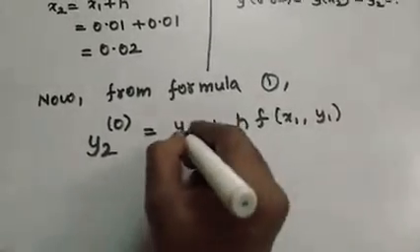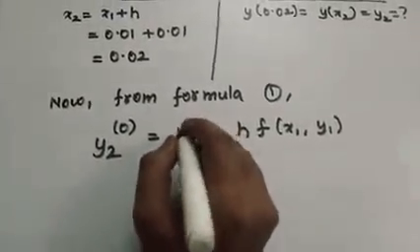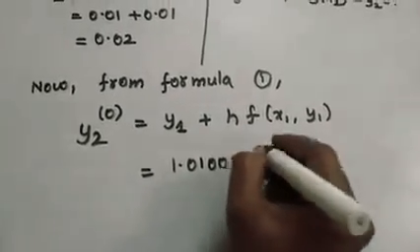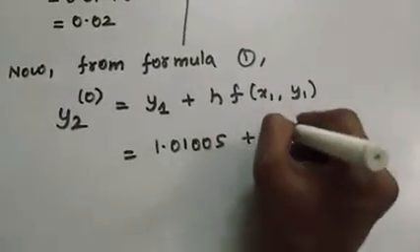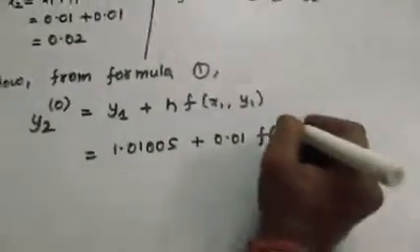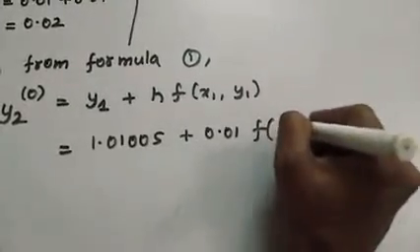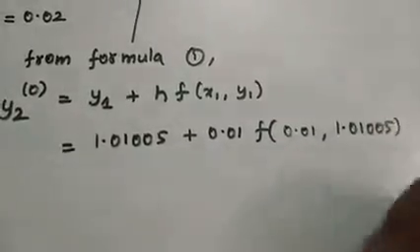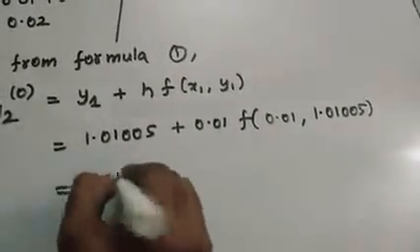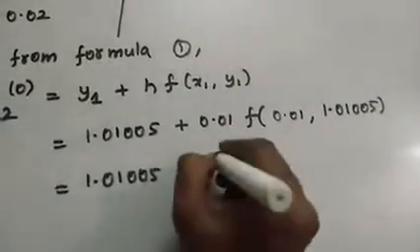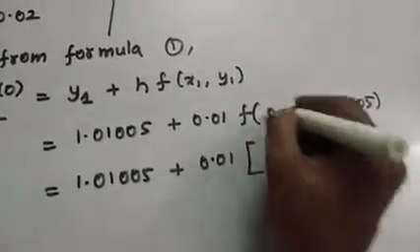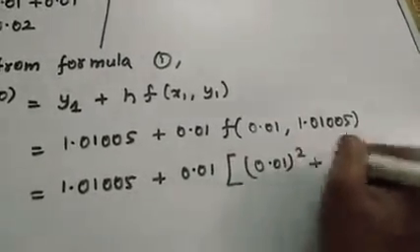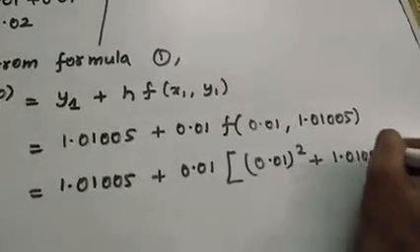Putting the value of y1 that we calculated, the modified value 1.01005, h means 0.01, and f of x1, where x1 is 0.01 and y1 is 1.01005. Putting into the function x square plus y, that is 0.01 whole square plus 1.01005.